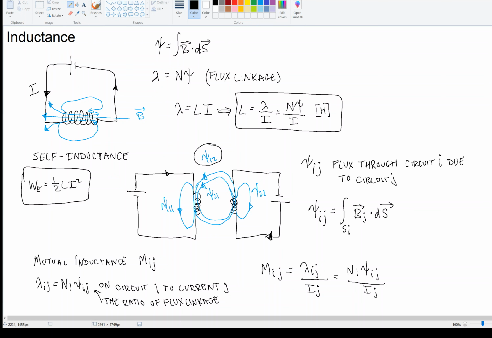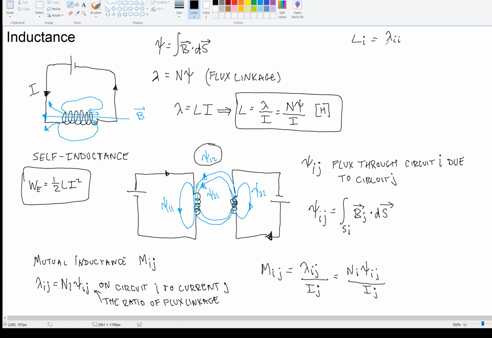Okay, so now we've got this idea of mutual inductance, and remember that the idea of inductors is to store energy in a magnetic field. Now let us modify the definition of self-inductance. So now let's say L_i, the inductance of the ith circuit.